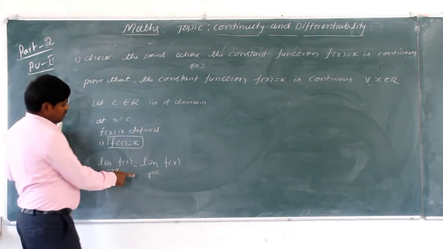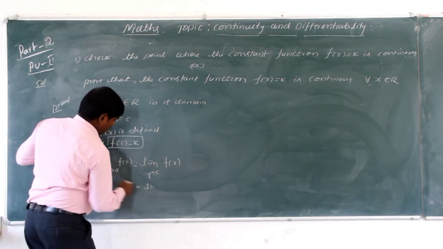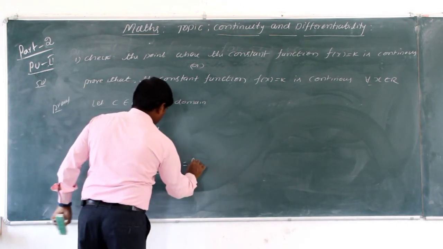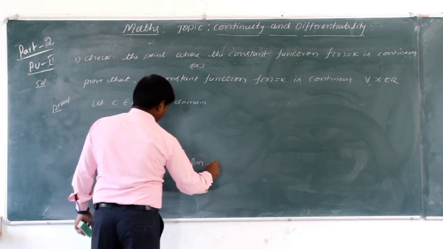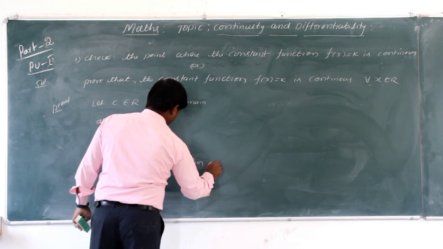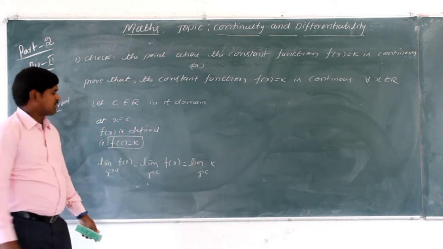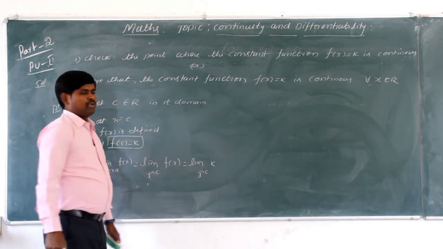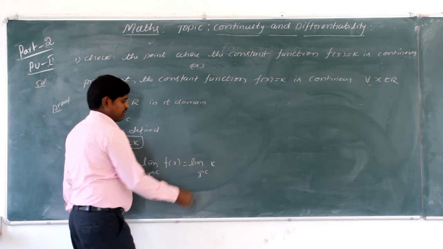So x tends to c, which is equal to the limit of k as x tends to c. So the limit of a constant function is constant. You already know that from the previous class.